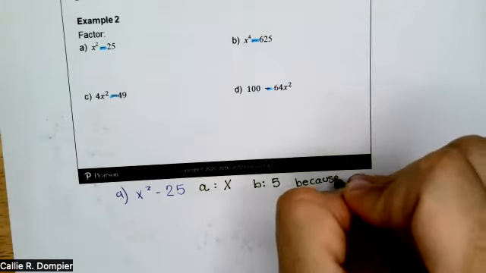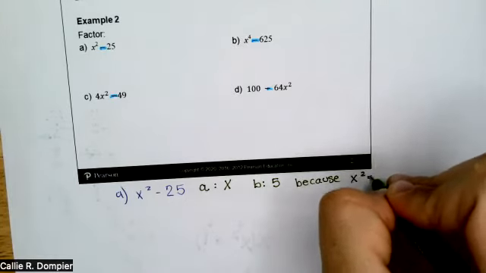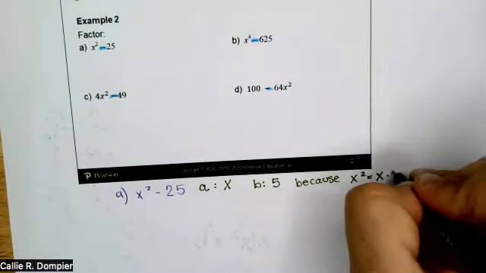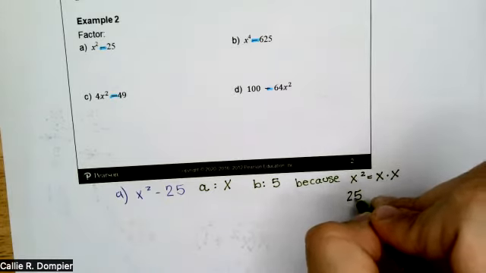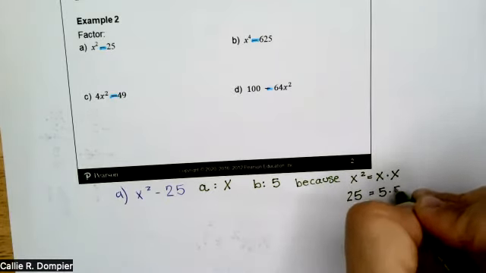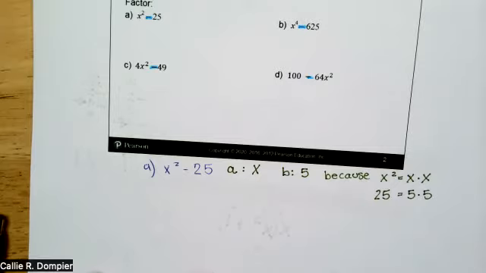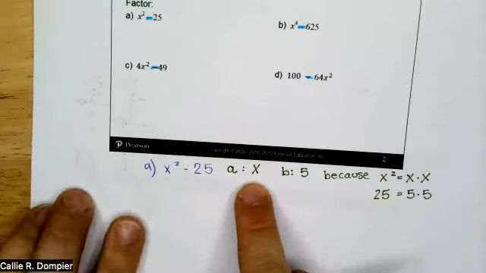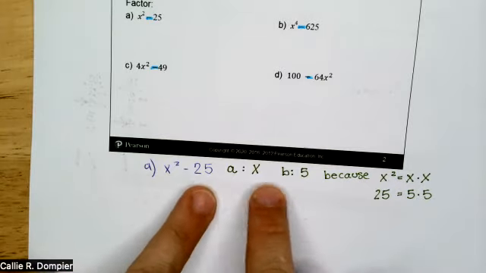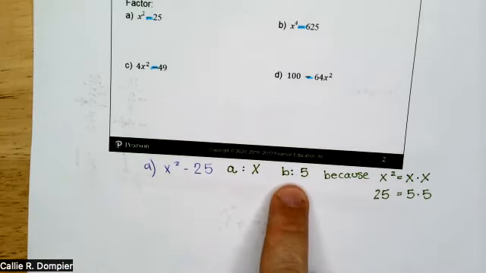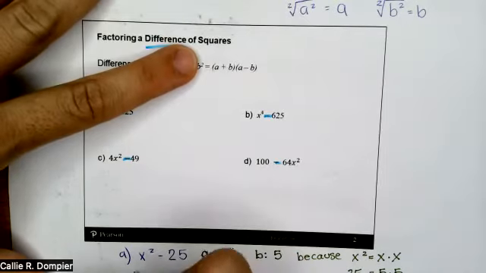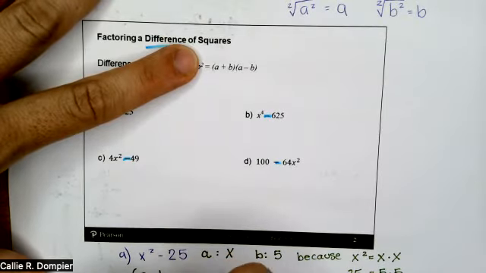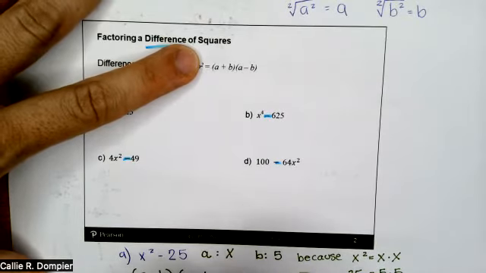Because x squared is x times x, and 25 is 5 times 5. So those are perfect squares. So we take the square root of x squared as our a, the square root of positive 25 as our b, and then we use this: a plus b times a minus b.